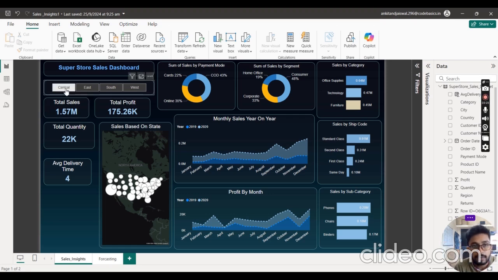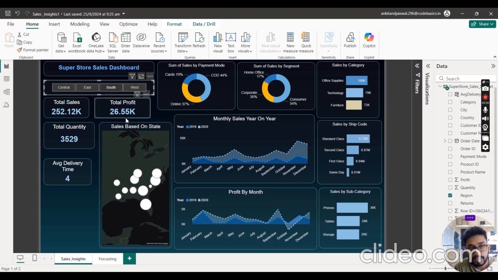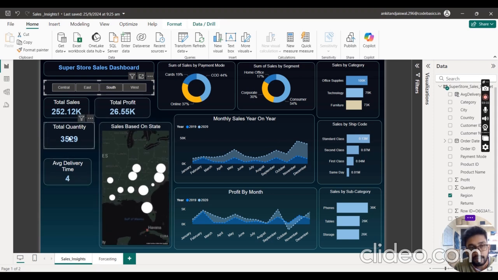We will look into this and what steps we can take to increase our total profit. So these are the four regions. Based on region we can find the total sales and filter what the total sales was for this particular region, average delivery time, and total quantity that has been shipped to this region. Now, sales by payment mode: more payments have been done by cash on delivery. Sum of sales by segment: more orders are from consumers.